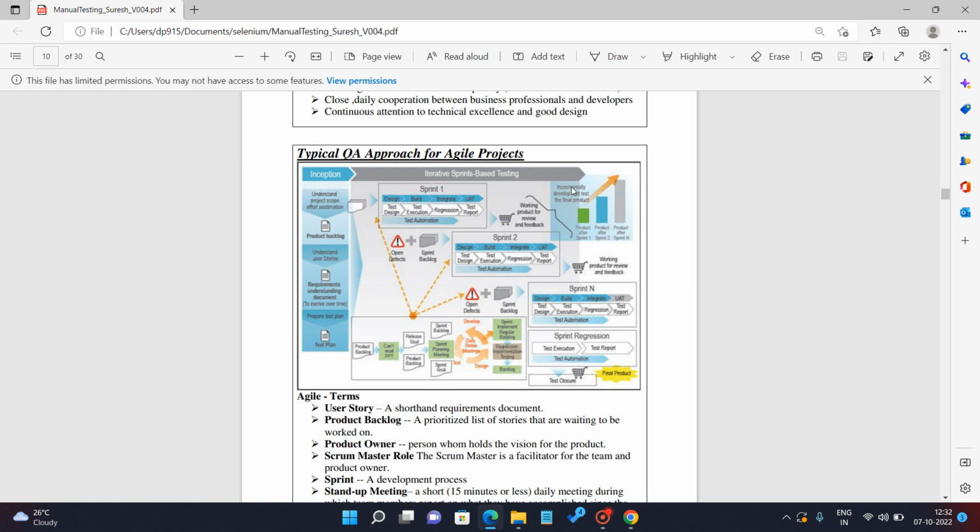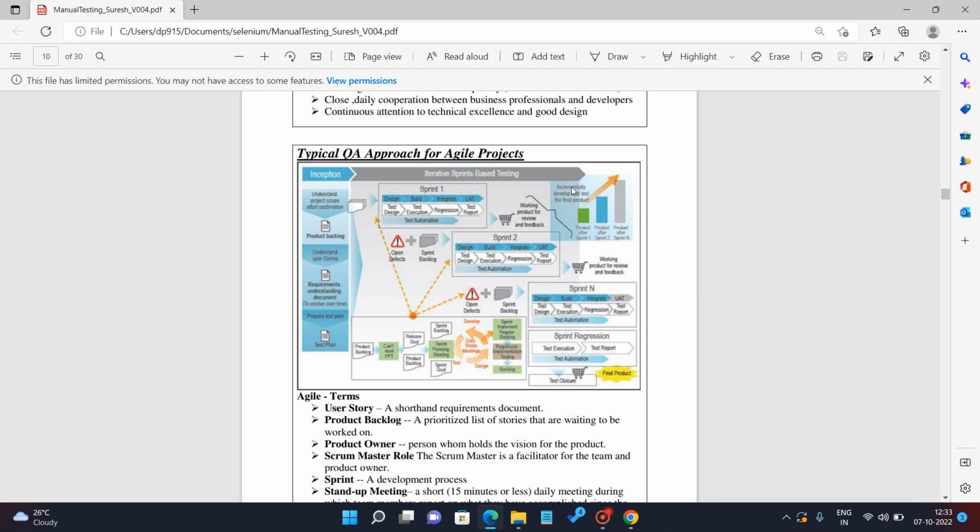Every day the scrum master conducts one stand-up meeting and an evening close-up meeting. These meetings improve client productivity and mainly project productivity. These sprint meetings are daily, 15 minutes.